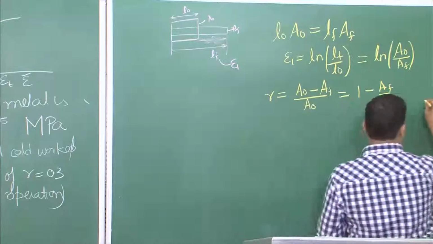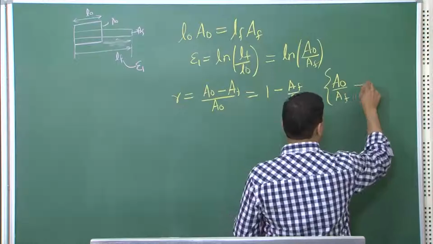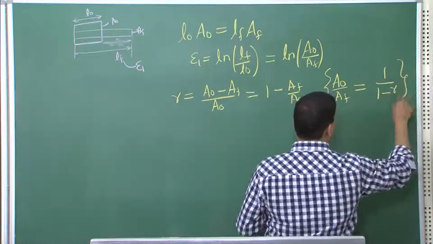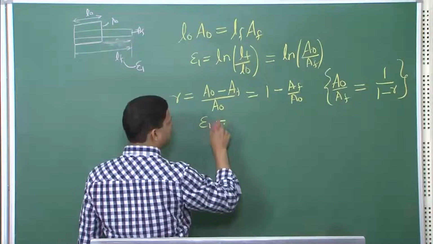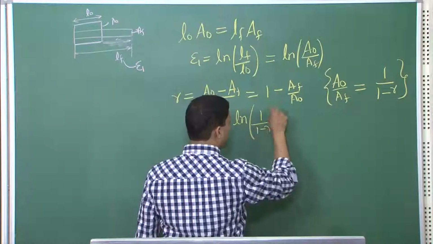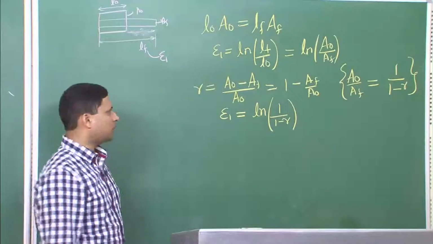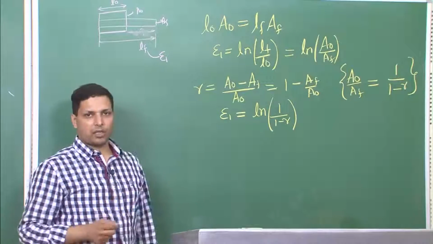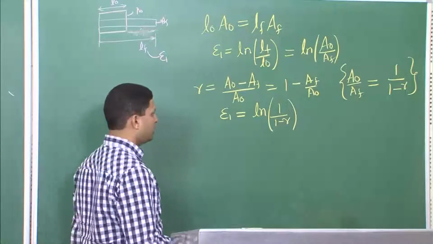So, A naught in terms of R becomes 1 over 1 minus R, and therefore epsilon 1 is equal to ln 1 over 1 minus R. So, next time when you see area reduction, you can straightforwardly say that strain 1 would be equal to ln 1 over 1 minus R. This time, to show the steps explicitly, I am doing every small step, but in future you can come directly to some of these and need not go through each and every step.